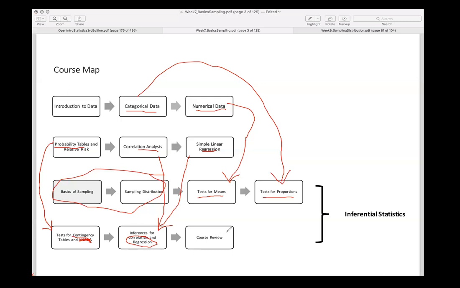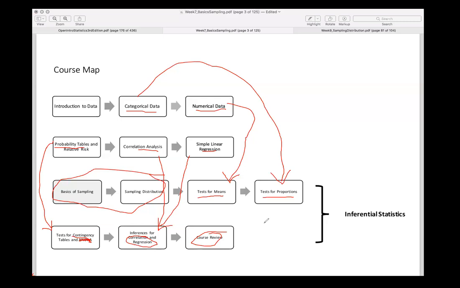And then in the course review, I'm going to preface this for those of you concerned about the midterm. The course review will cover these elements here, but it will also cover the descriptive statistics. So the course review will give us everything, and that's in preparation for the final exam. And by then, you're going to be very well equipped to interpret both descriptive and inferential statistics using the core tools and techniques.